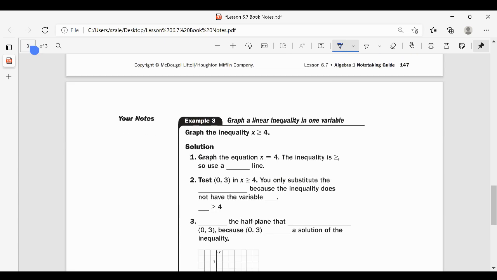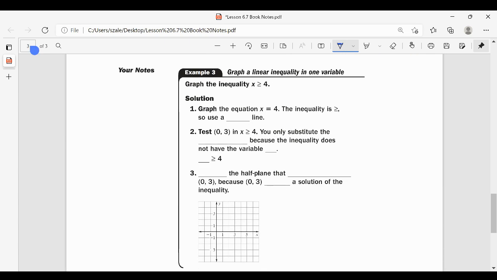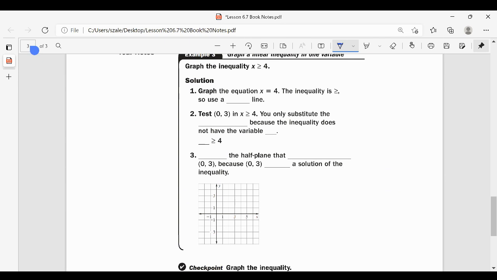If I have to graph the inequality x is greater than 4, I could test 0, 3. I could also have a solid line here going up and down at 4, and x represents all the values that are bigger than 4. Well, that would just be to the right. But again, you could always find a coordinate to test.